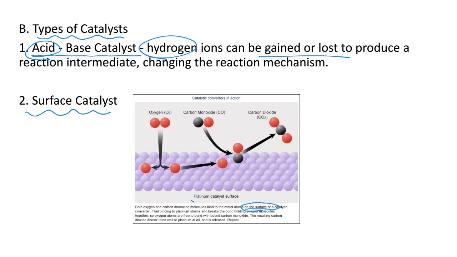So you have your platinum catalyst surface, and you have oxygen molecules that come in here, and when they bind to the surface of the platinum, it separates those 2 oxygen atoms, and those carbon monoxide molecules that are produced with the engine of your car can come in, bond to that extra oxygen, produce carbon dioxide, which is then released. So that's how carbon dioxide is released instead of carbon monoxide, because of that platinum catalyst. So that is a type of surface catalyst.